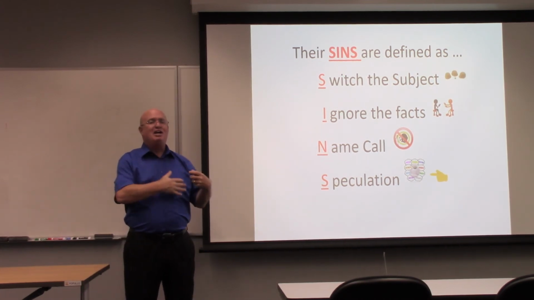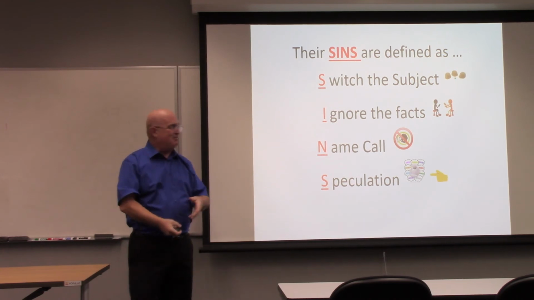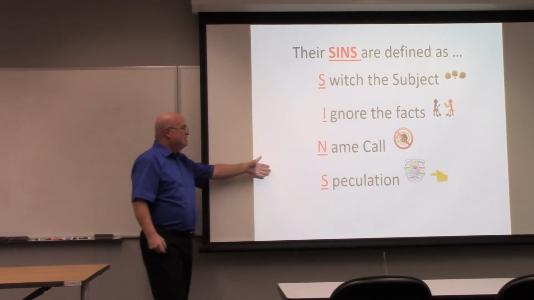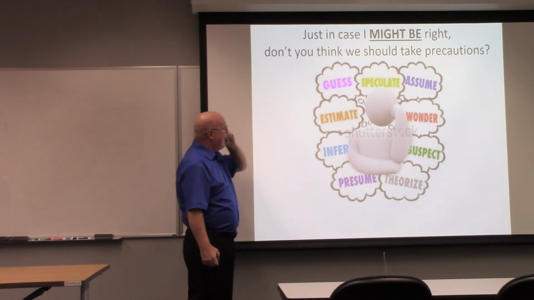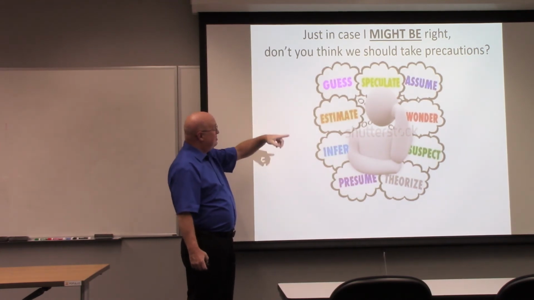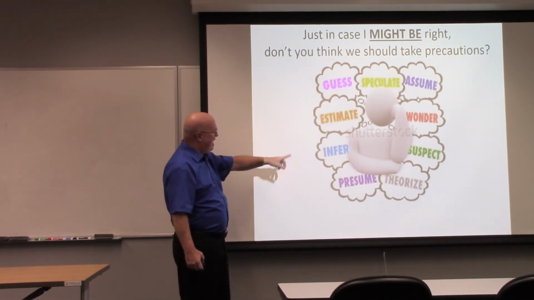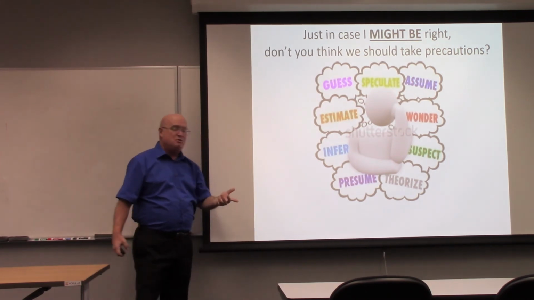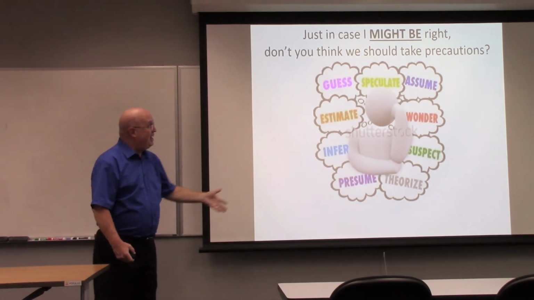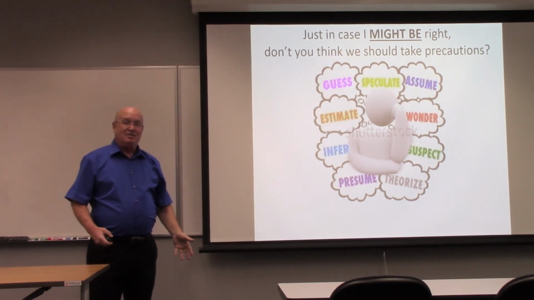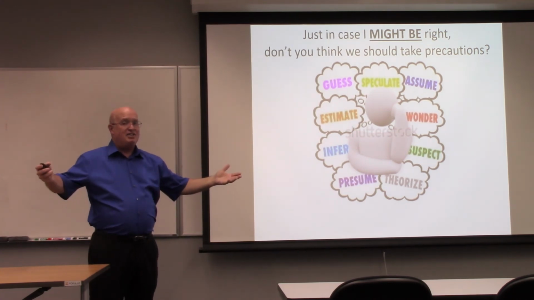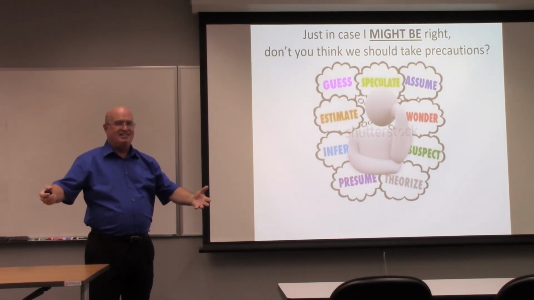Yeah, let's bring the emotion in there. All right, we're fixing it for the children. Speculation. What might happen? Guess, assume, estimate, wonder, suspect, infer, theorize, presume, all these kinds of words. Shouldn't we take precautions just in case?